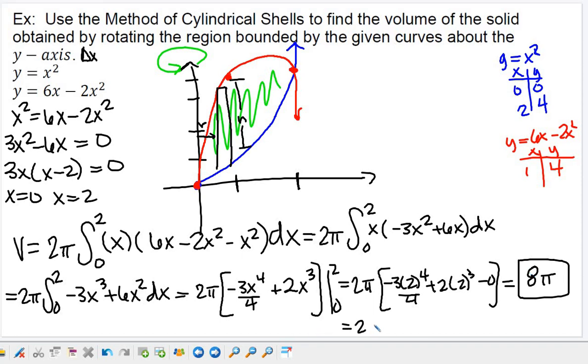I may have enough room to do a little bit here. So 2 cubed, or well, 2 to the 4th is 32, divided by 4 is 8, times 3 is negative 24, plus 2 cubed is 8, times 2 is 16.